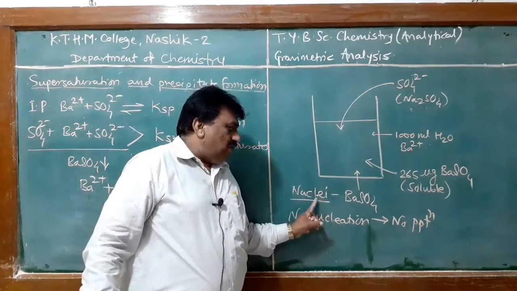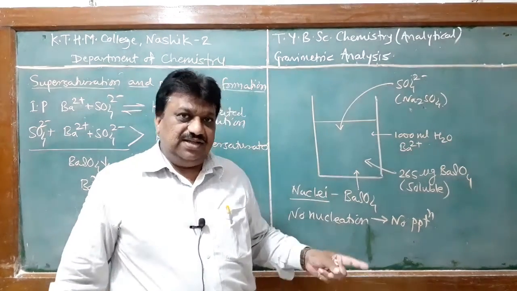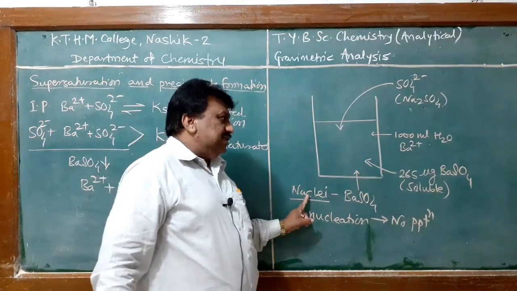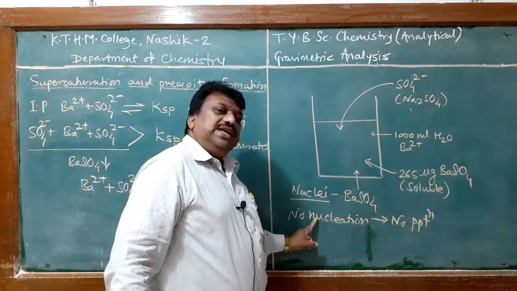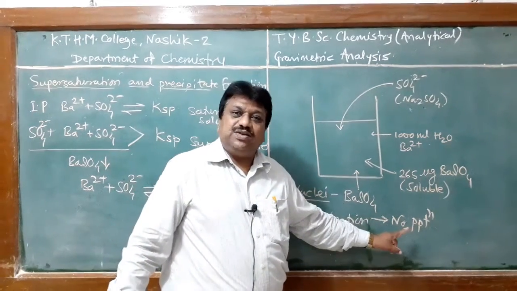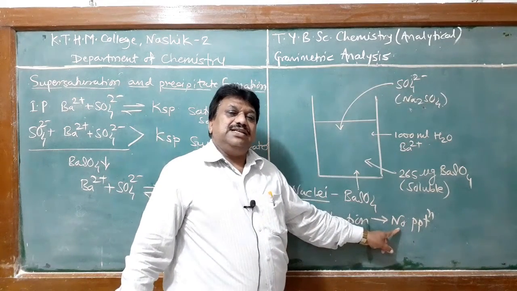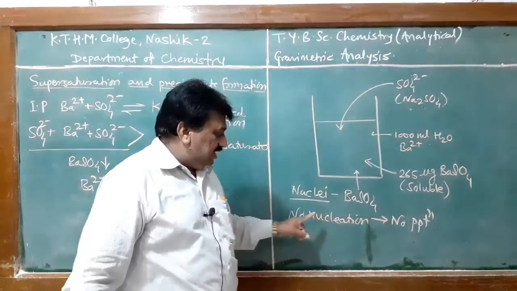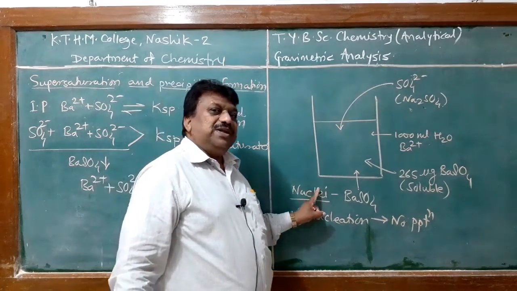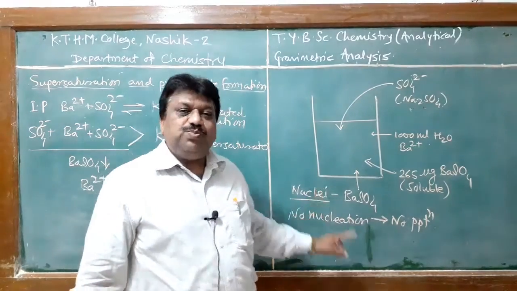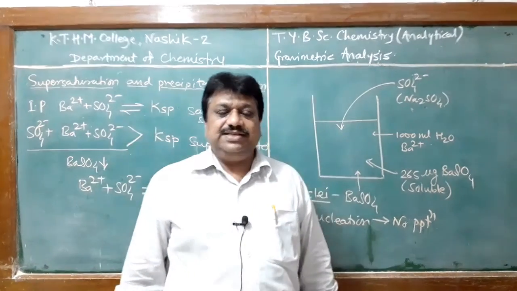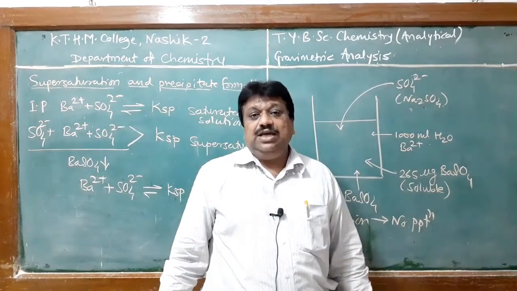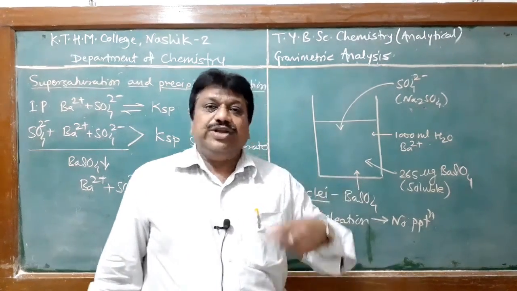Nuclei thus formed grow into larger crystals and a precipitate is formed. In this case, the rate of nucleation and the rate of crystal formation determine the purity of the precipitate. And the purity of the precipitate is the most important factor in gravimetric analysis, because we have to obtain that precipitate quantitatively in a stoichiometric form, or in the purest form.